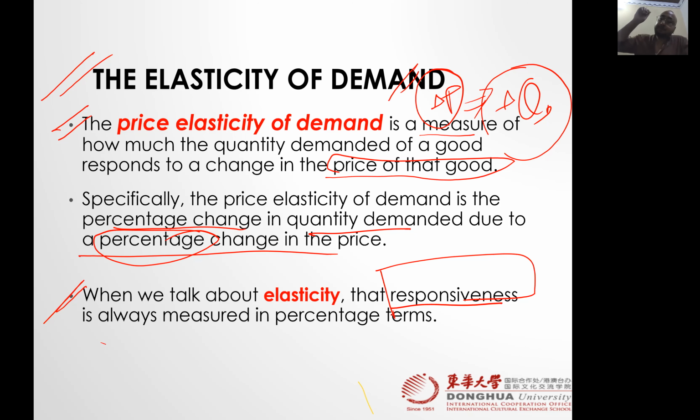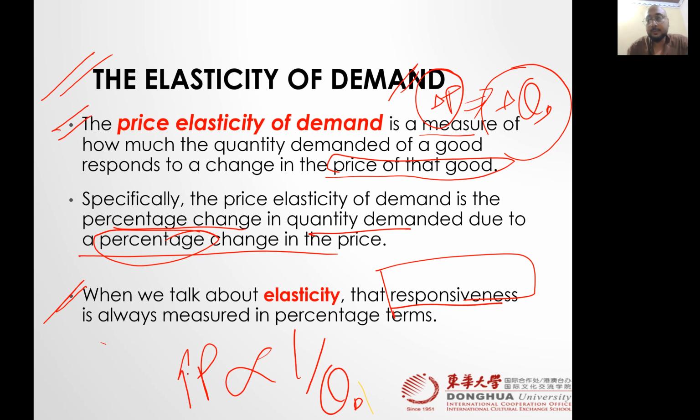How much will the quantity demanded of my product drop? Because price and quantity demanded have an inverse relationship. If price increases, we'll see a decrease in quantity, right?